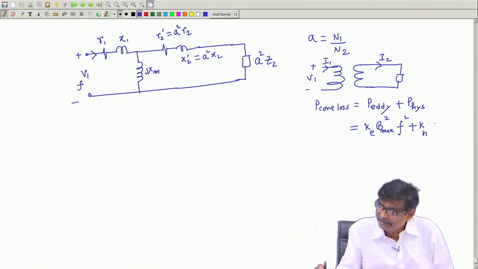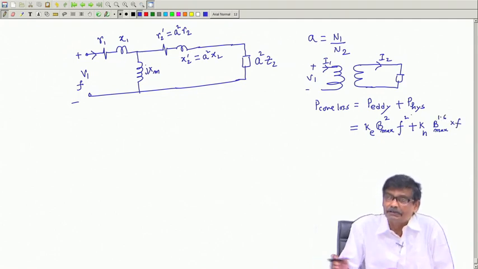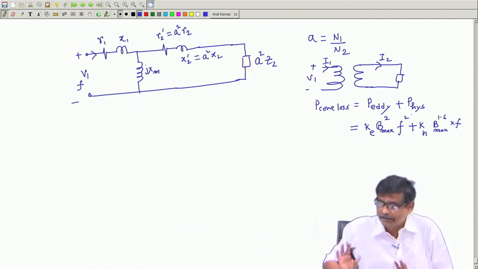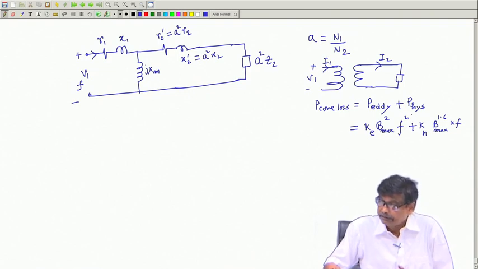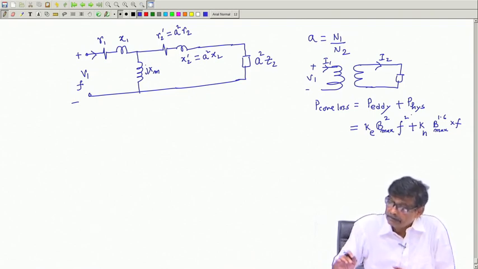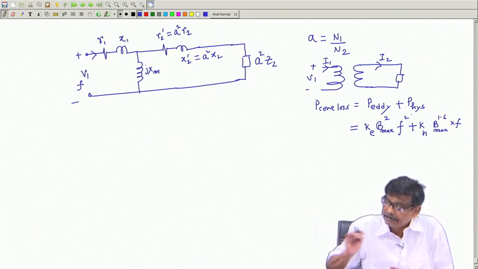Instead of writing that, it is proportional to, I will say, Bmax maybe raised to the power 1.6 into F. It is one on the more exact result, loop area, but okay, this is like this. F being constant, therefore, the hysteresis and eddy current loss depends upon Bmax.